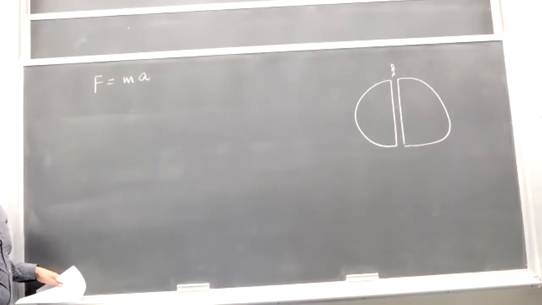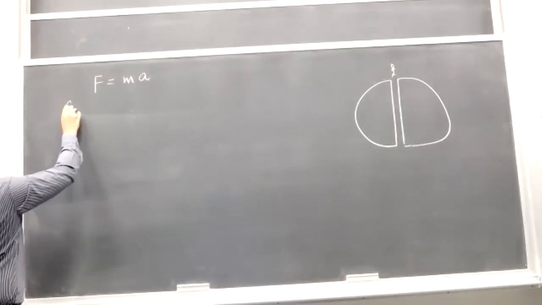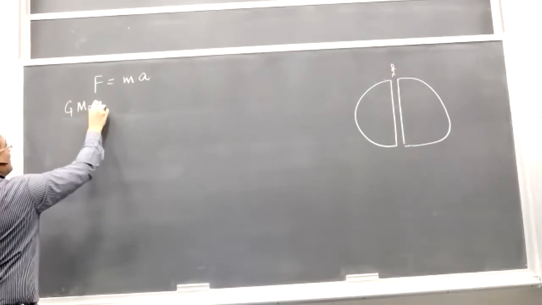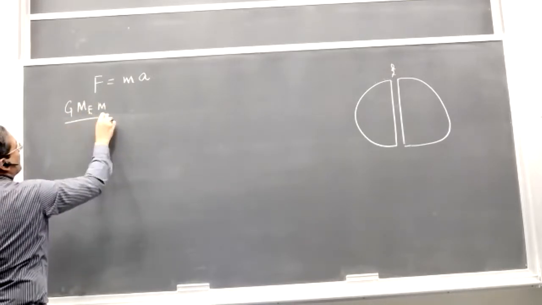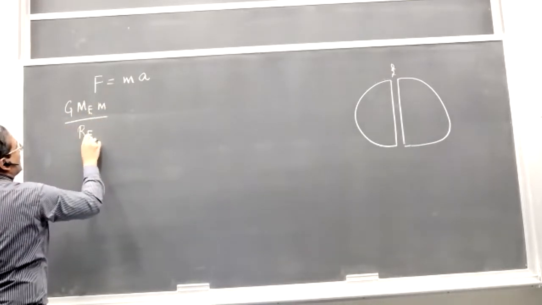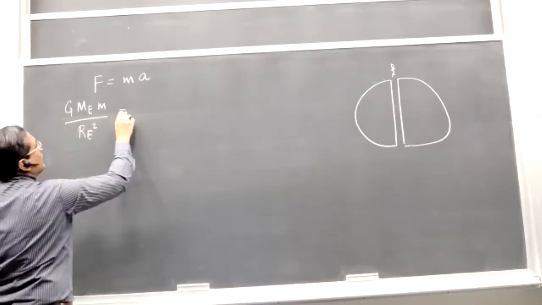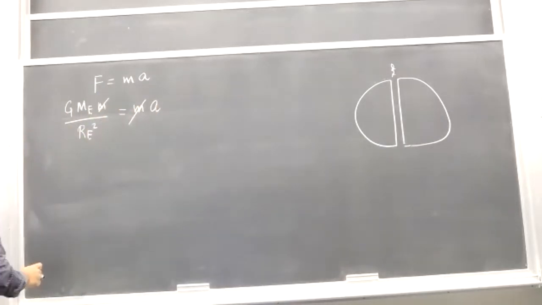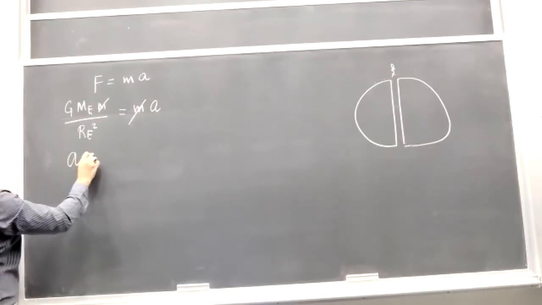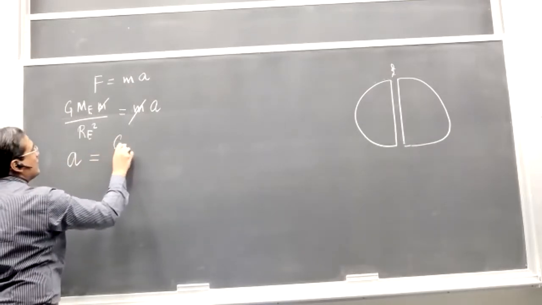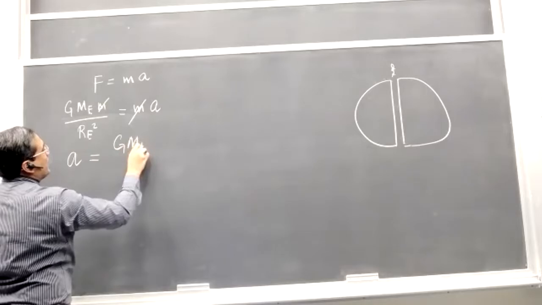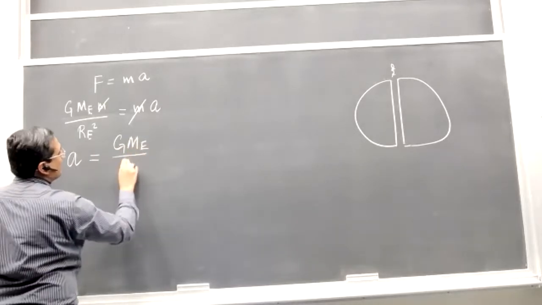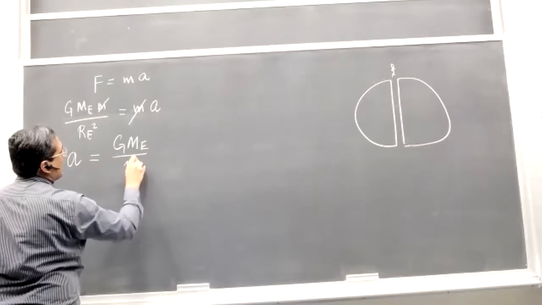And when the force is due to the universal force of gravity, then you get G M m over RE squared is equal to ma, and m cancels, and this is how you get the acceleration, g equals G ME over r squared.